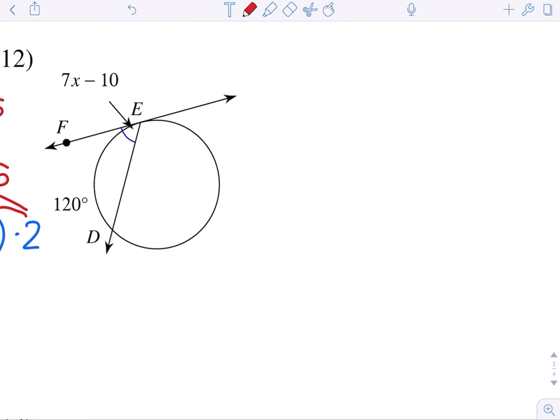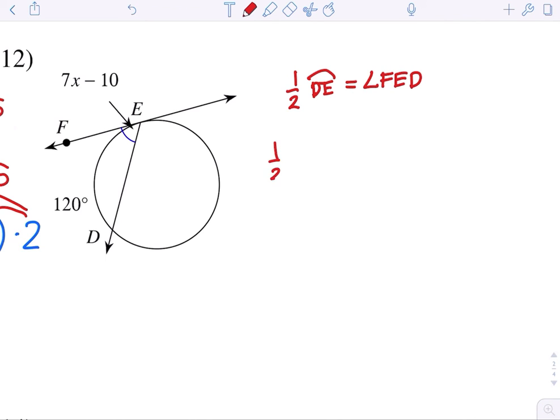And lastly, I changed the problems for you guys, so I made it 1 through 12, instead of 1 through 16. So when it's like this, then we know the half of the arc DE is equal to the angle FED.